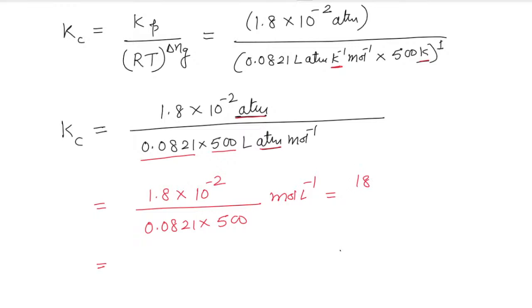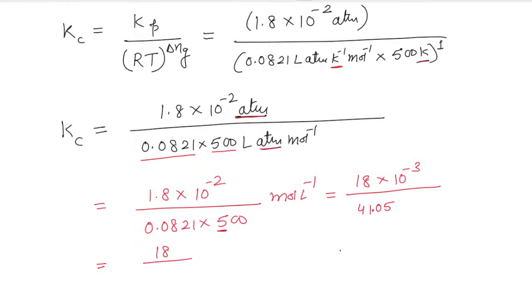Okay, so solve it. What is the value? Say I take it as 18 into 10 raised to power minus 3, divided by 41.05.